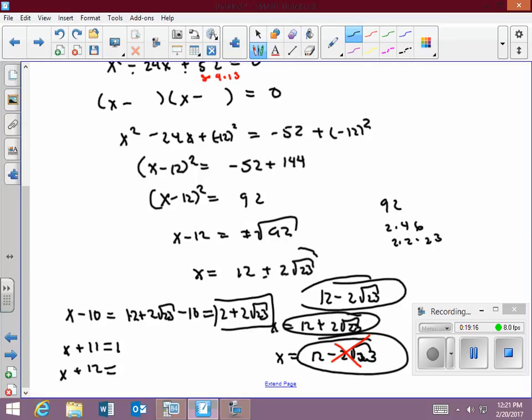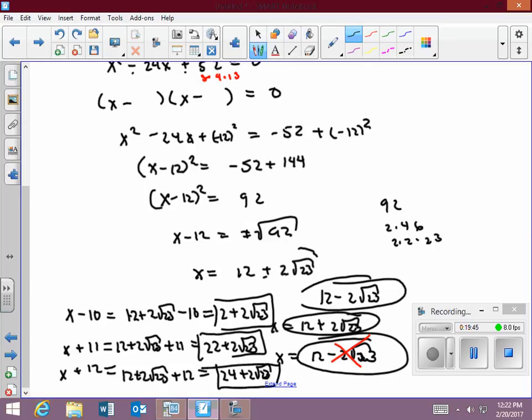And it's 12 plus 2 square root of 23 plus 11 equals 23 plus 2 square root of 23. And it's 12 plus 2 square root of 23 plus 12. That's going to be 24 plus 2 square root of 23. So that would be the sides.